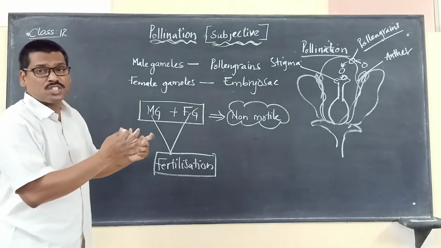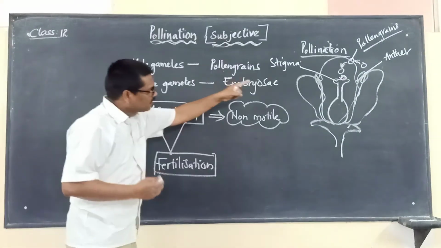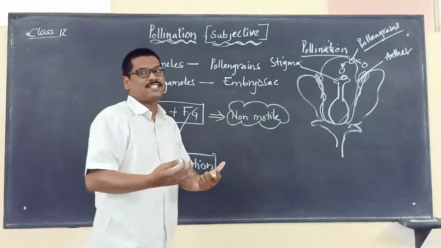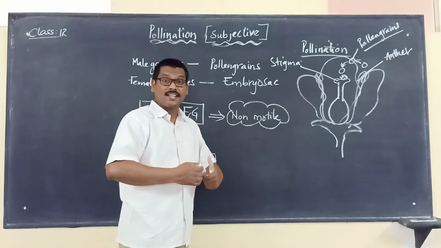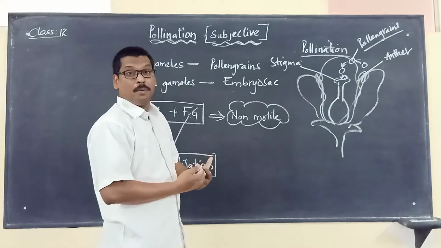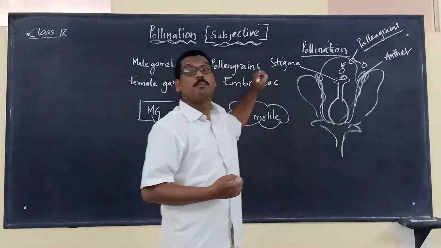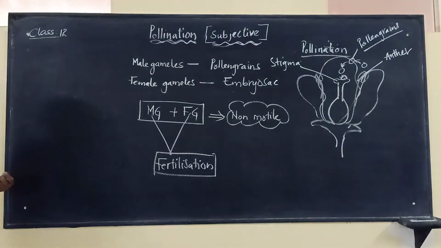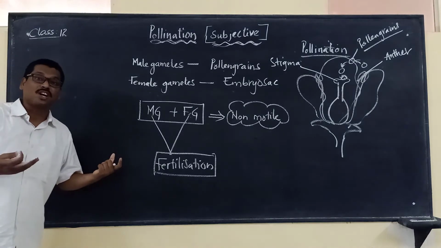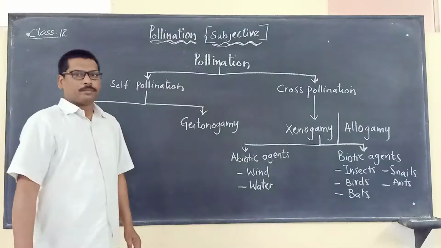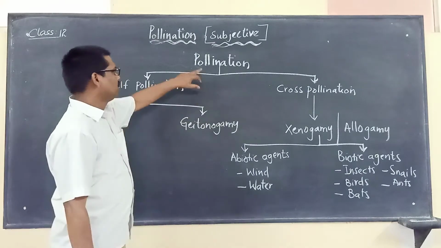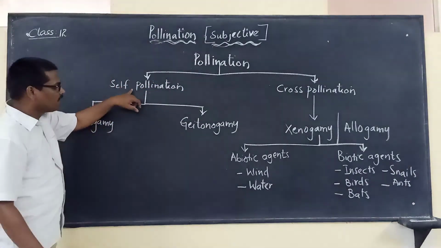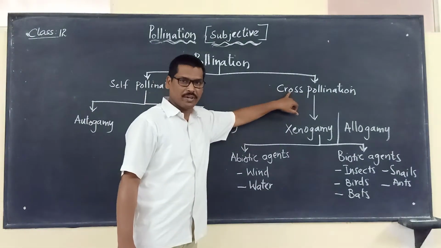But for this process to occur in plants, there are various external agents that help bring about pollination. We are going to study those agents. Pollination is generally of two types: self-pollination and cross-pollination.